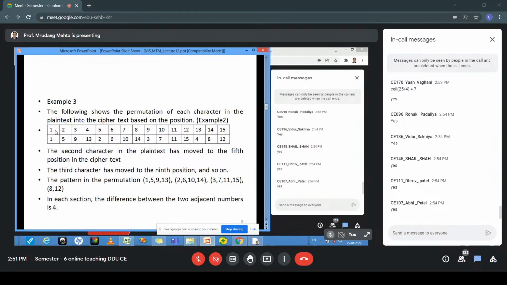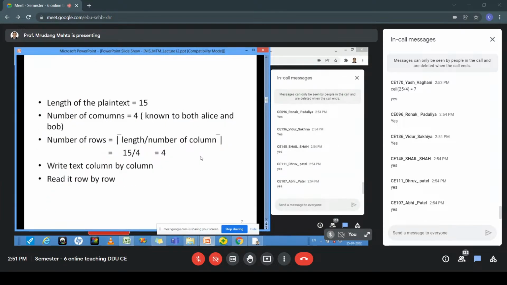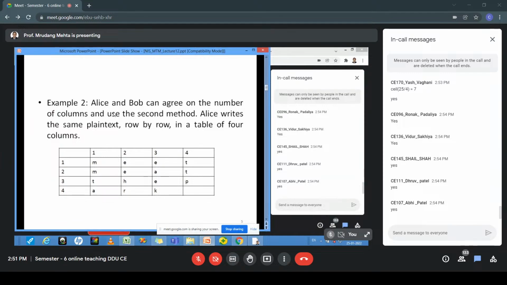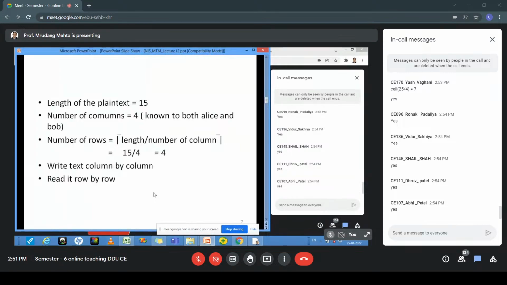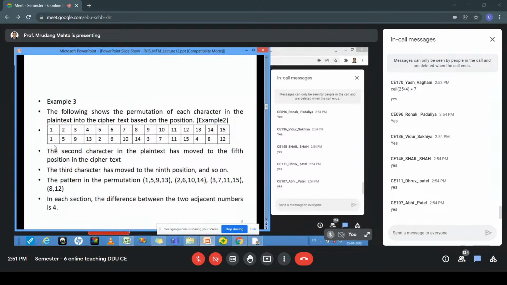If you look at 1 to 15 position in the plain text, it is reordered into this sequence: 1, 5, 9, 13, 2, 6, 10, 14, 3, 7, 11, 15, and 4, 8, 12.